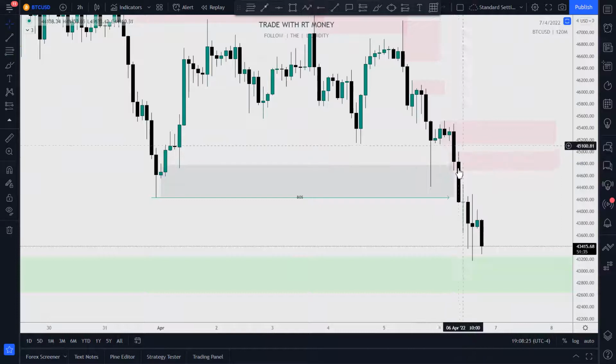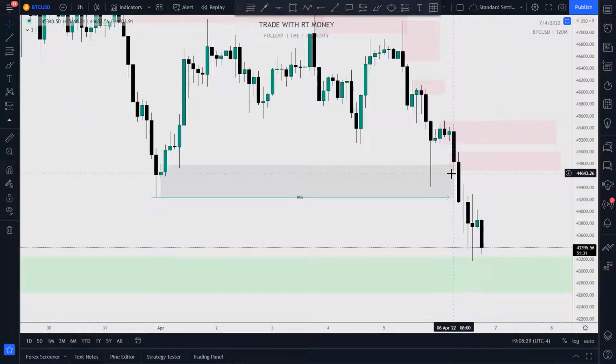All right, this is a zone of supply on a smaller time frame. It most certainly is, and you can tell because it left behind this imbalance here, which price will likely come back and fill or rebalance.